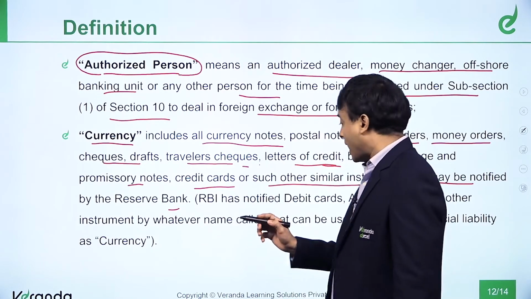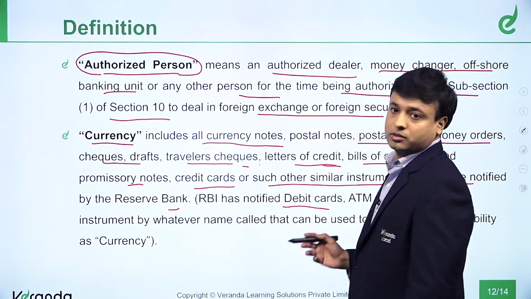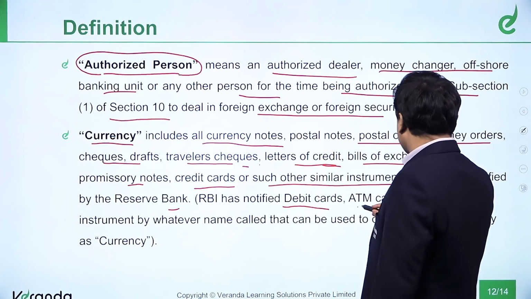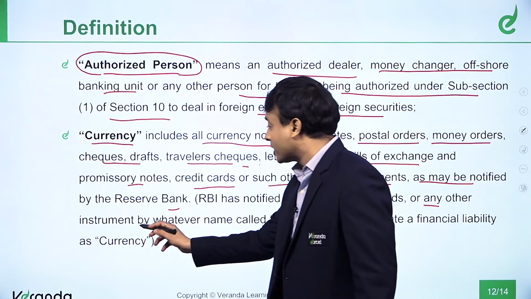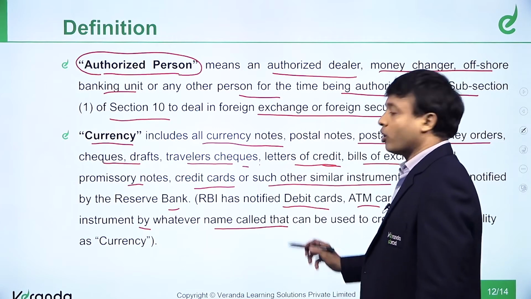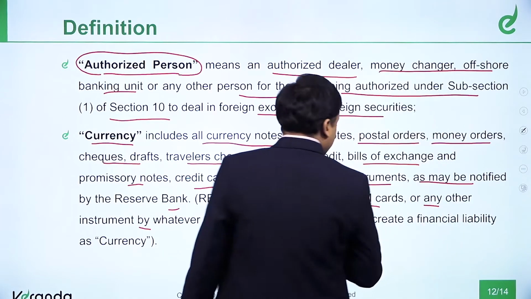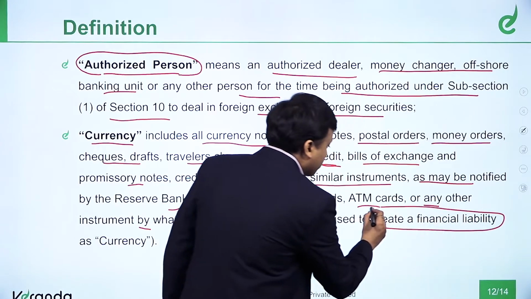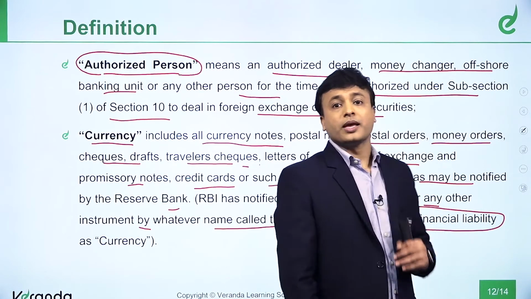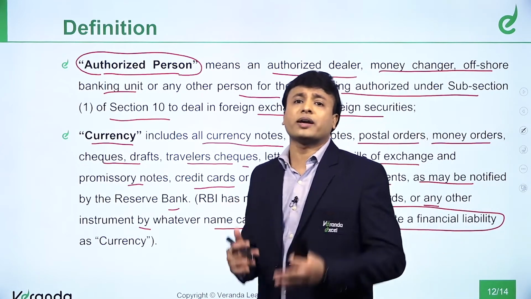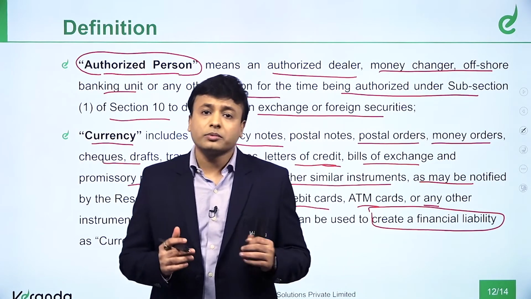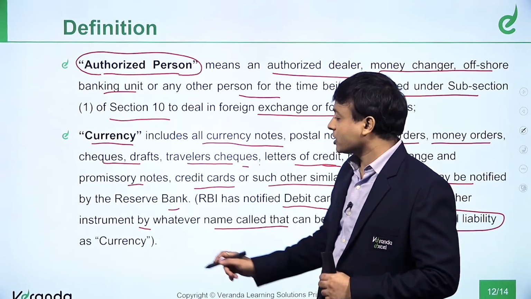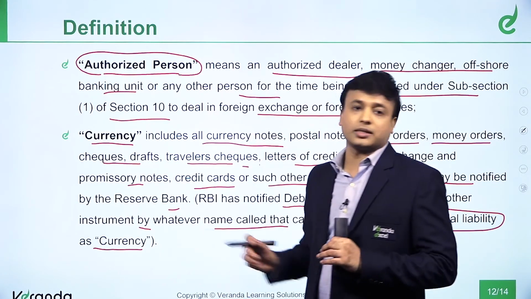So here RBI has notified debit cards. Debit cards, is it a currency? Yes, it is a currency. ATM cards or any other instrument by whatever name called, that can be used to create a financial liability. The important part here is any instrument. See, I cannot define every instrument. So what I am saying here, any instrument which creates a financial liability is called currency.